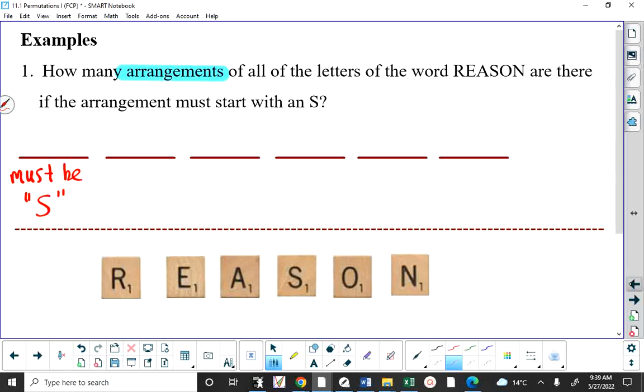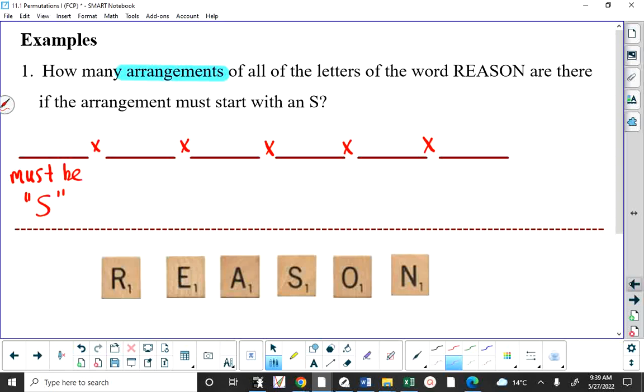You don't have 2 decisions. You're not picking out a shirt and a pair of pants. You don't have 3. You're not renting the vehicle. You have 6 decisions. You have to decide to put something in the first blank, the second blank, the third blank, the fourth blank, the fifth blank, and the sixth blank. Which means that above these lines, I'm going to write down how many choices we have for each of these, and the fundamental counting principle will say I'm going to multiply all those numbers together.